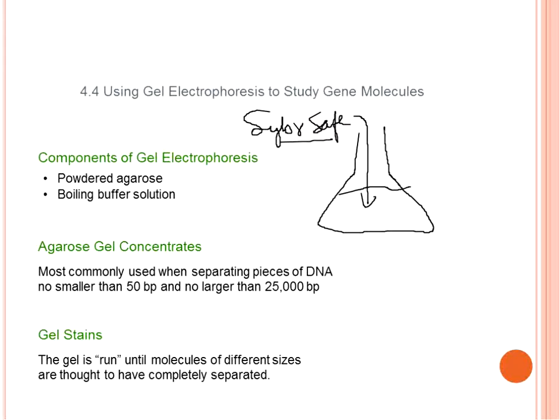And so CyberSafe is similar to ethidium bromide, and it will show up under UV light. So after you have run the gel, you will be able to put it on a UV transilluminator.